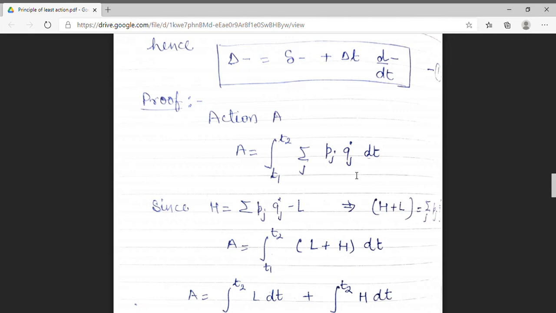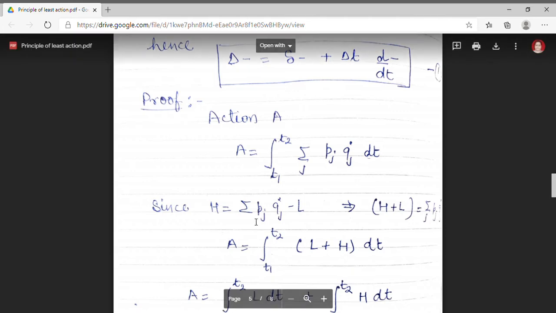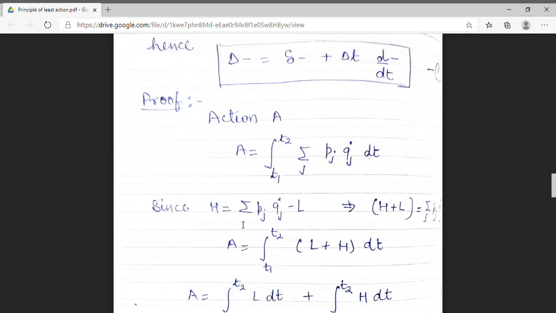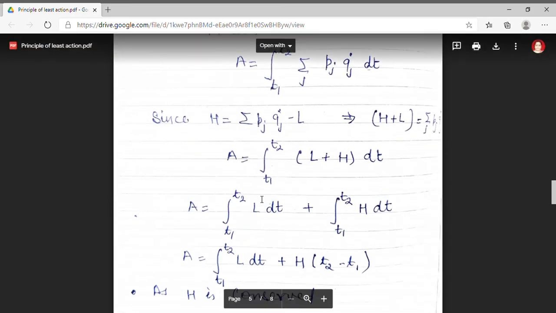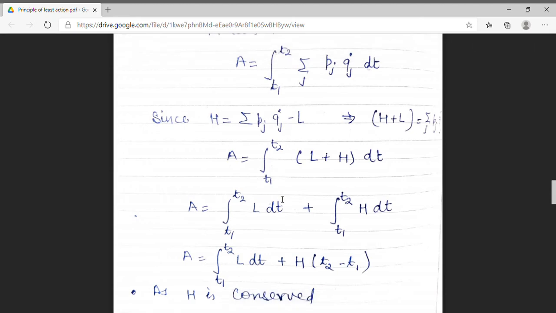And since we know the relation between Hamiltonian and Lagrangian is H equal to summation pj qj dot minus L, we can obtain the value of summation pj qj dot. It will be H plus L.